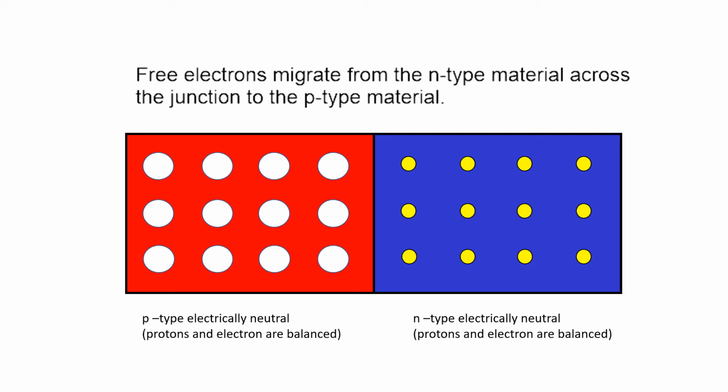So you can have a lattice of silicon atoms and then introduce an impurity atom. But when you do that, all these atoms still have equal numbers of protons and electrons. So to begin with, the p-type semiconductor will be electrically neutral, and the n-type semiconductor will also be electrically neutral, because these protons and electrons are balanced out.